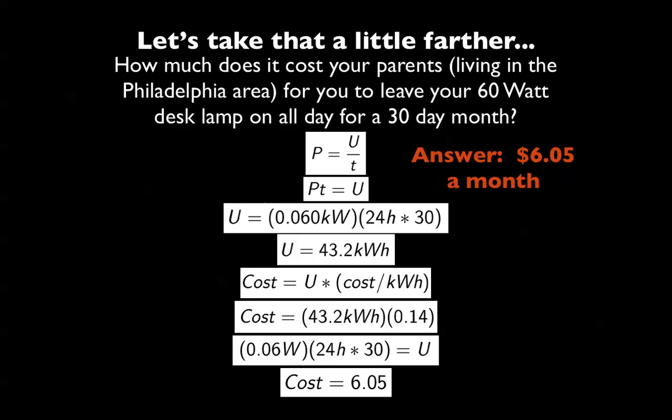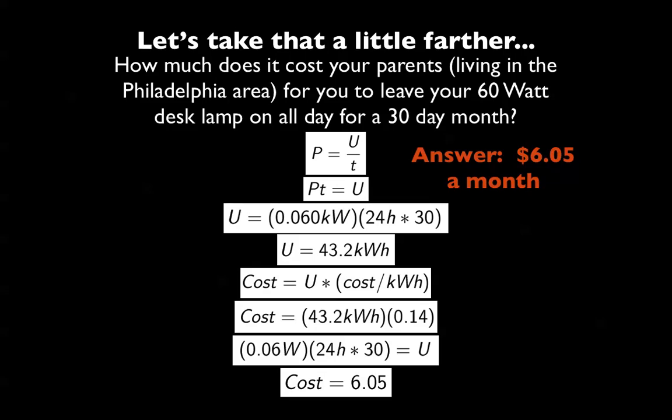So even though that may not seem like a lot, if that's just what it costs to run your lamp, start thinking about all the things that pile up that could end up costing quite a bit of money for the month. If you leave your lamp on, if you're charging your phone often, if you've got your air conditioner running in the summertime, your refrigerator, if your parents have a freezer in the basement or in the garage, all those things really add up quickly, and you may not realize it.